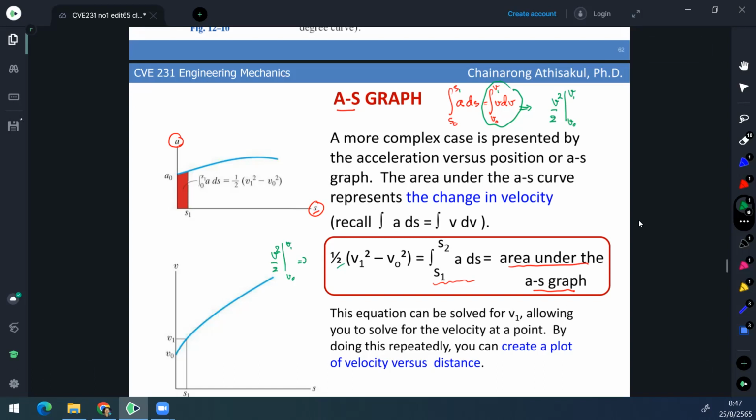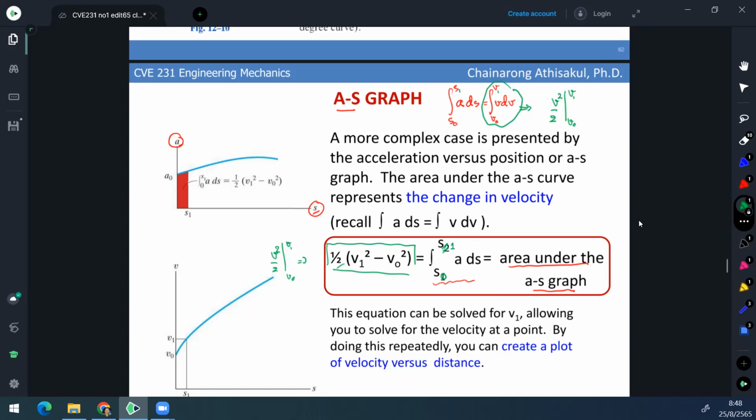So we have this term on the left hand side, and the right hand side is the area. Sorry, I changed the notation a little bit. It should be s0 to s1.